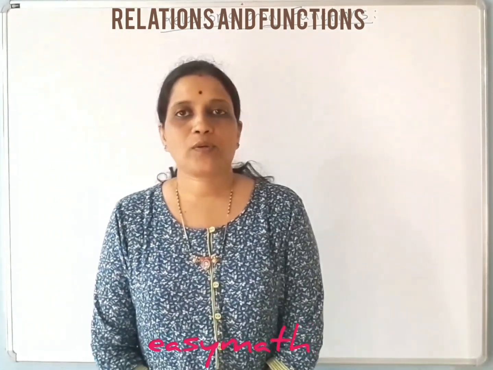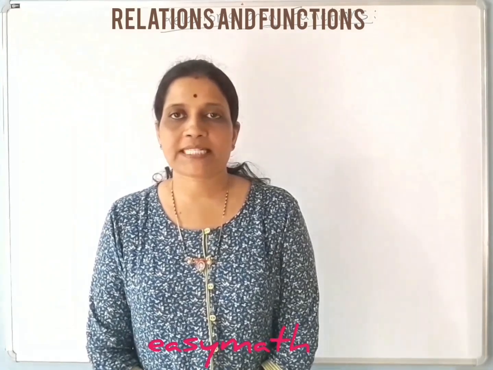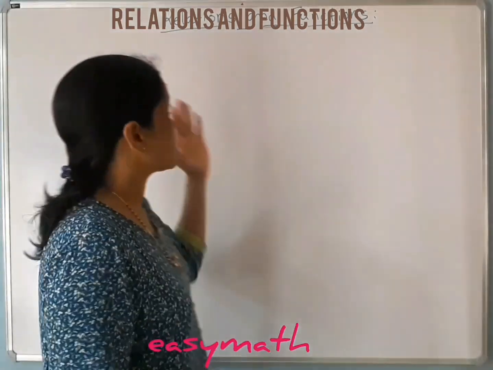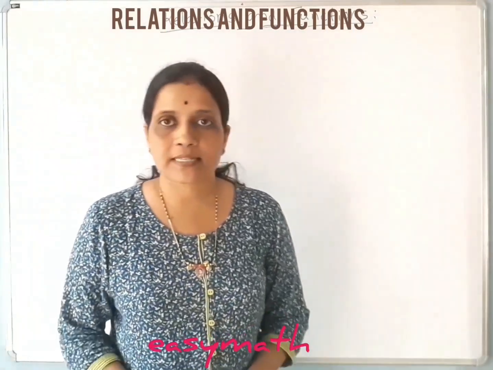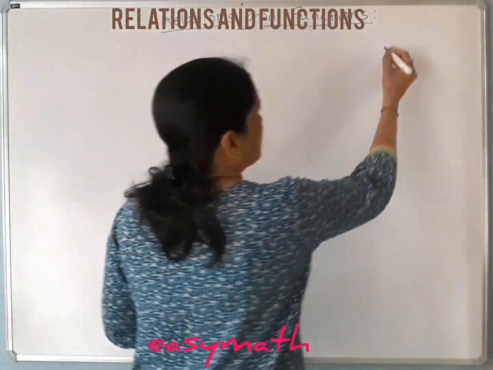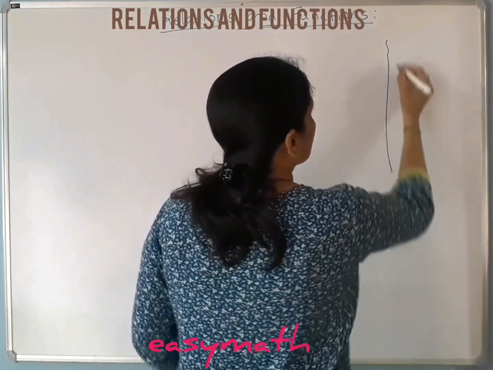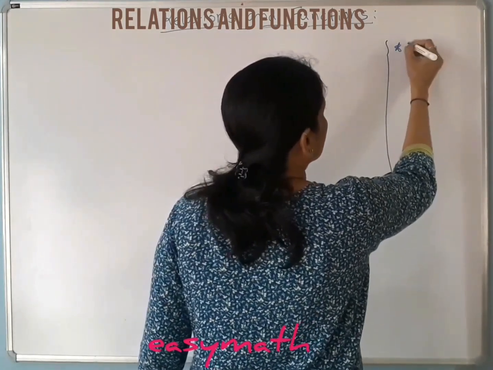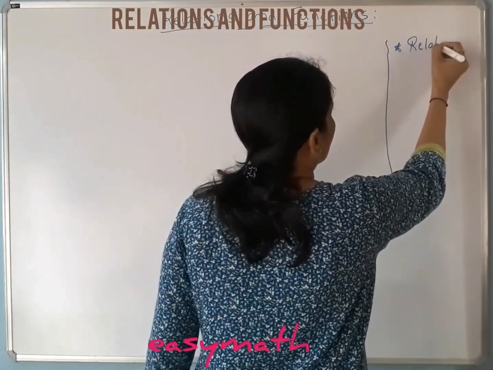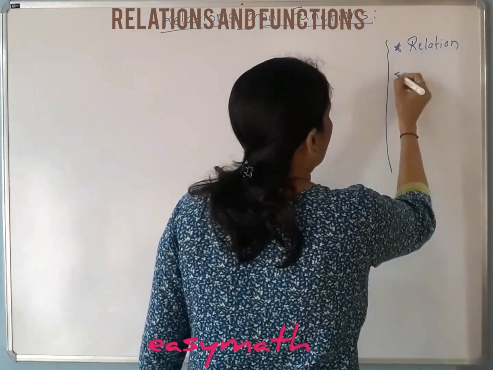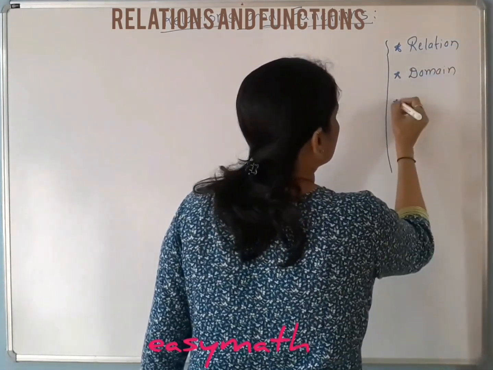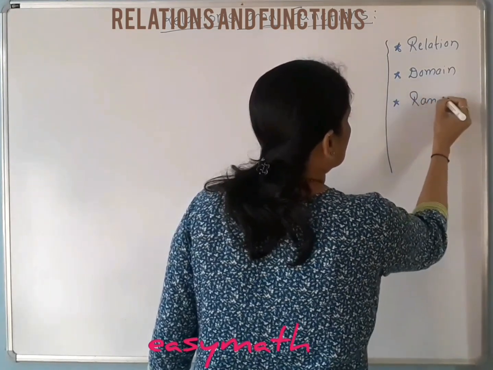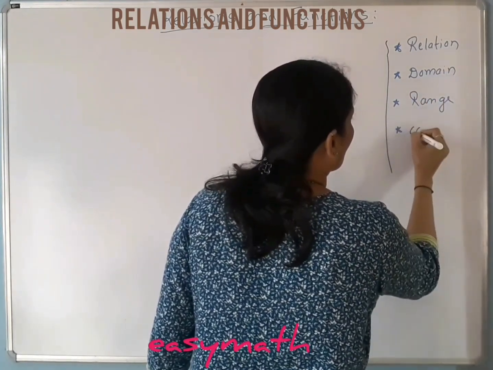So today we are going to discuss the first unit of 12th standard, that is relations and functions. Before I begin with relations and functions, first I am going to discuss what is a relation and what do you mean by domain, range and codomain.